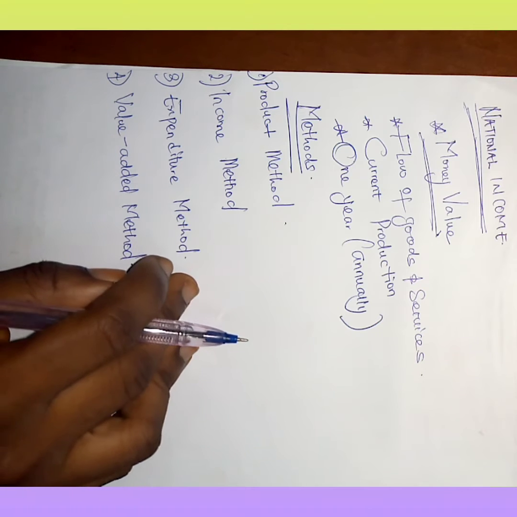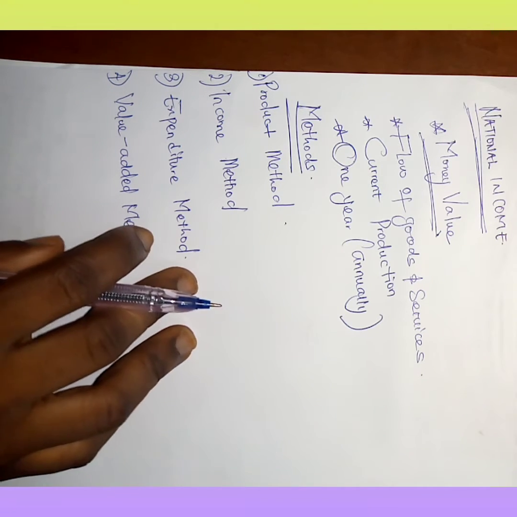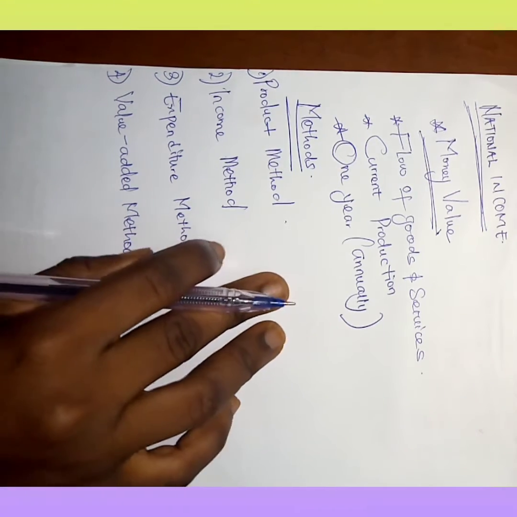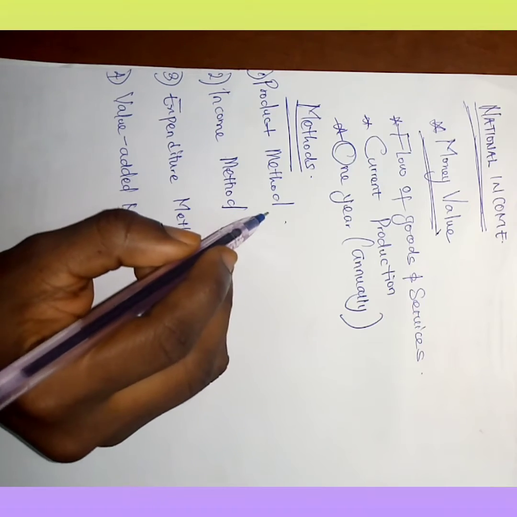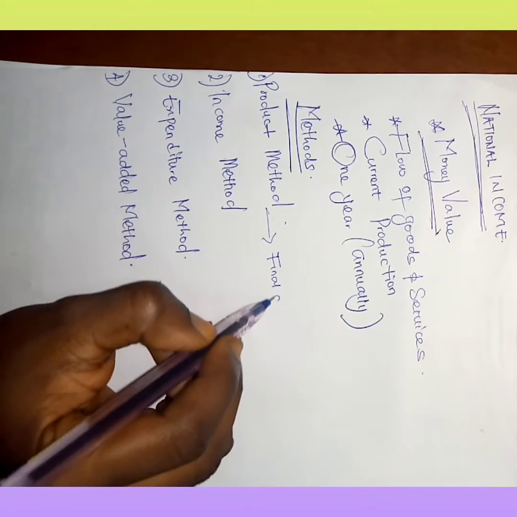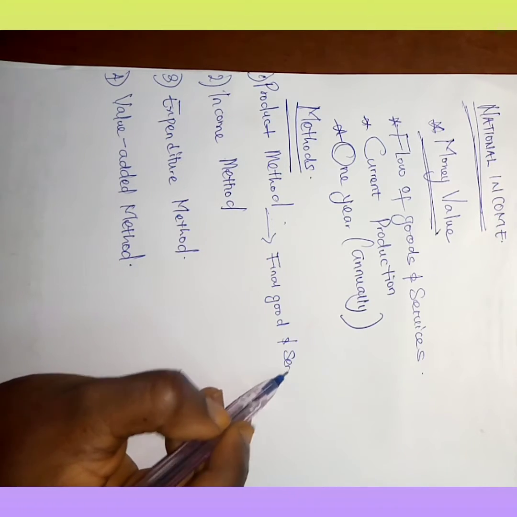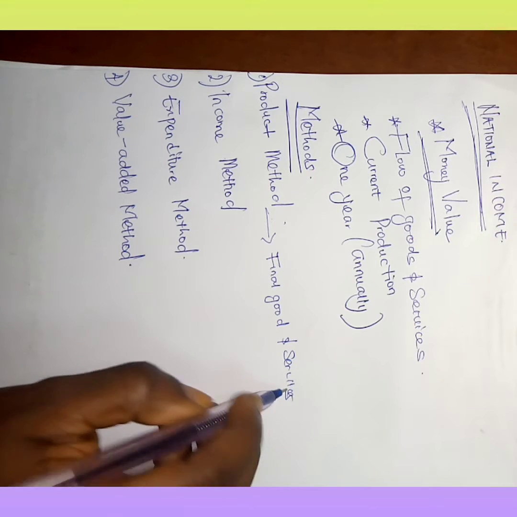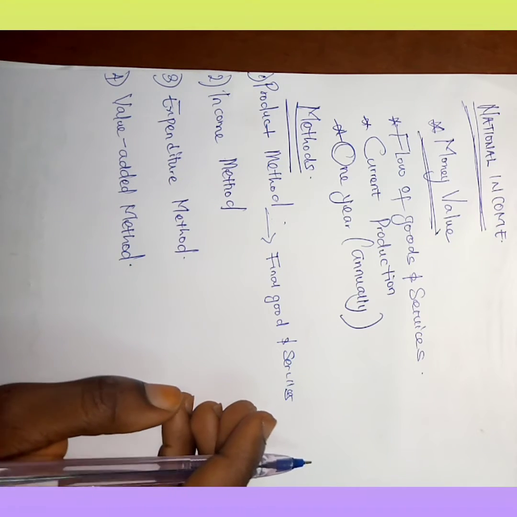Now, what is this product method? How do we extrapolate national income by using the product method? You see, what we do here is to sum up the total value of all the final goods and services produced. Just before that, I forgot to give an example of economic activity. You see, economic activities are very many in a nation.